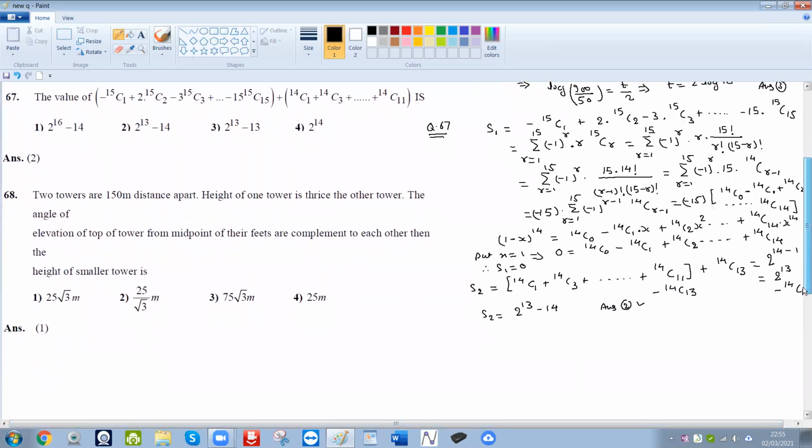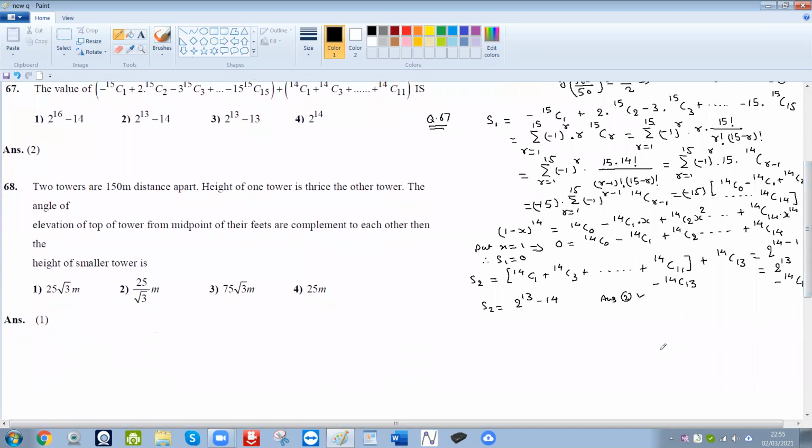Question number 68 is relatively simple. Two towers are 150 meters apart. Height of one tower is thrice the other tower.